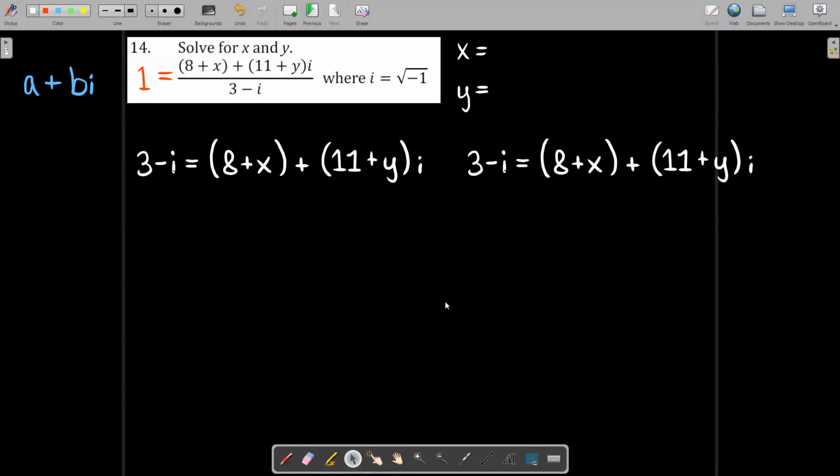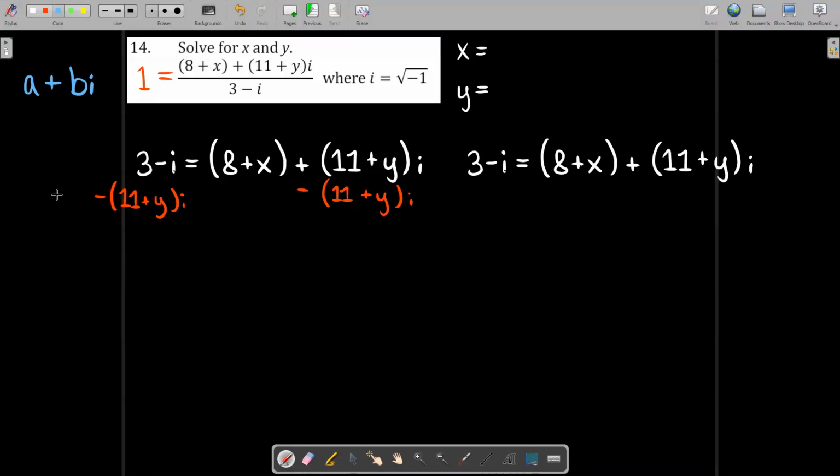All right, so if I'm going to get the x by itself, I need to get this entire chunk of stuff that's not in this parentheses. I need to get that to the other side. So the first thing I'm going to do is subtract the 11 plus yi on both sides of the equation. Okay, that's going to give me, and I'm going to go ahead and distribute the i, and I'm going to distribute the negative sign.